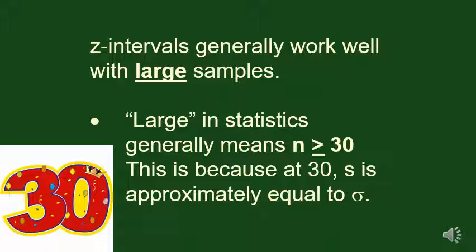The reason for that is that z involves using the standard deviation of the population, but as long as you have 30, the standard deviation of the sample is almost the same thing. You want to remember that number 30. That's going to be important in a couple of places, but if you have 30 or more, you can use z.